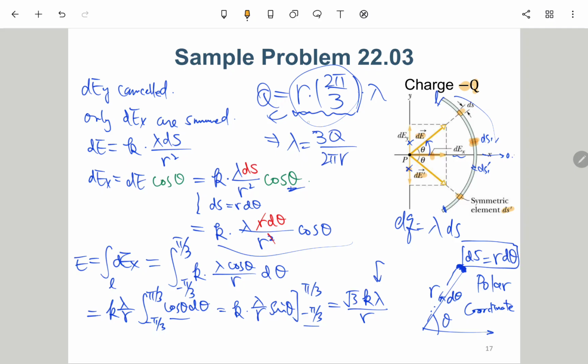So we put this expression there to eliminate the lambda. Finally we will get 0.83 kq over r squared. So this is the final answer. Okay, so any questions?